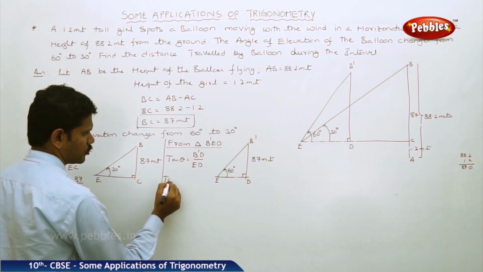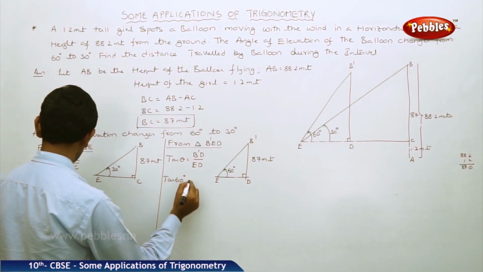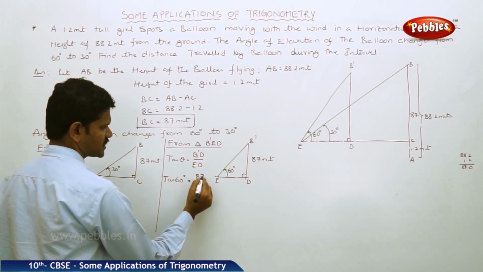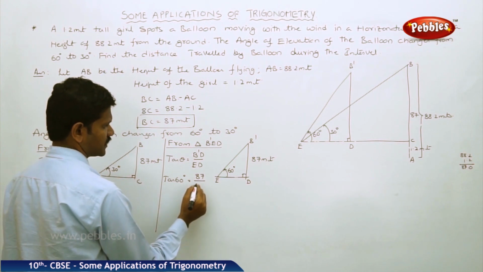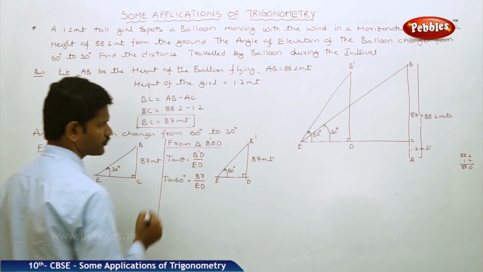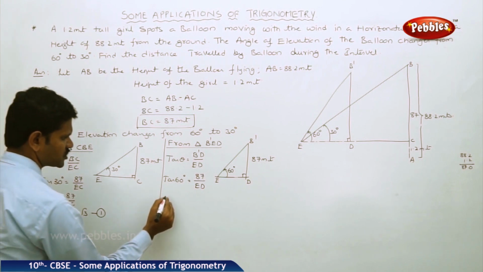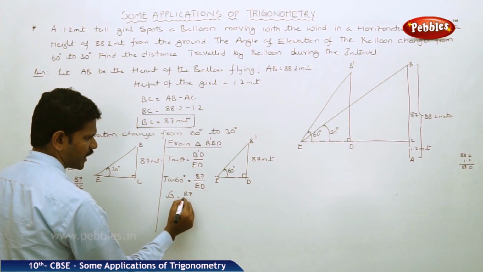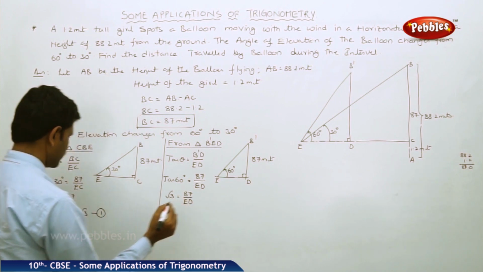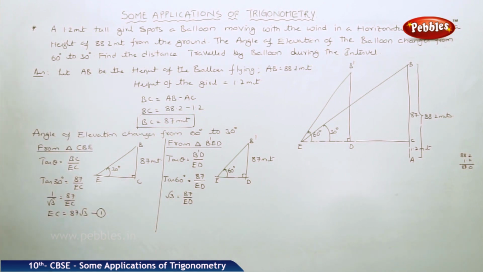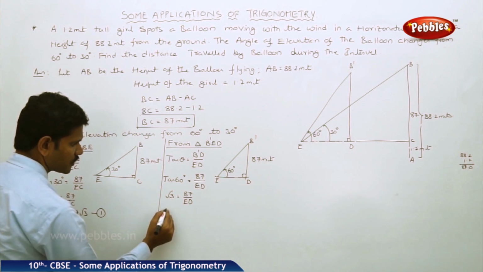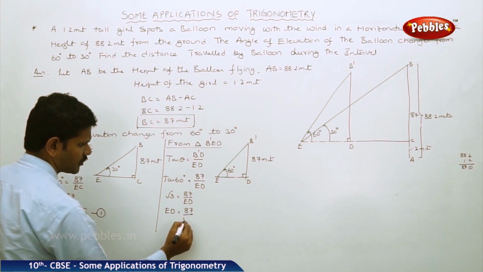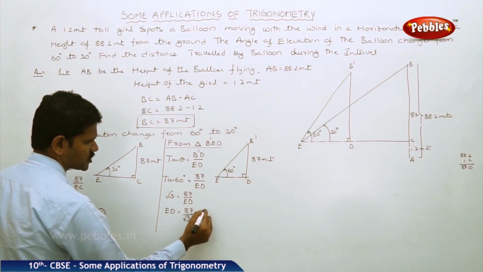Now tan 60 degrees is equal to B dash D, 87 by ED. That is, tan 60 is root 3, which is equal to 87 by ED. That is, ED is equal to 87 by root 3. This is equation 2.